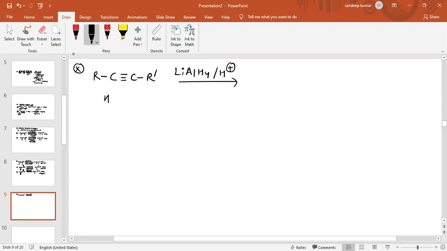In this case again hydrogen will come from the opposite side of the plane, one hydrogen from this plane and one hydrogen from this plane. So the product obtained is again the trans form. So this is also the trans product. It means it will also follow anti-addition.